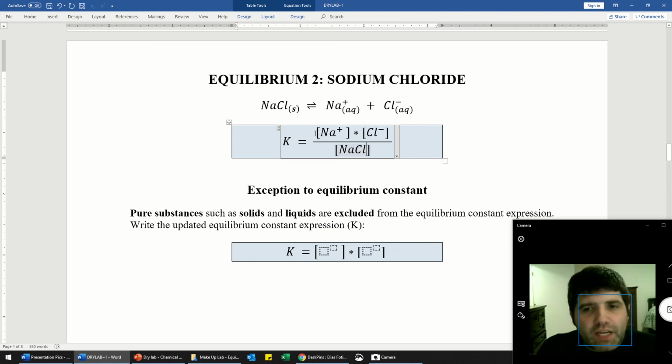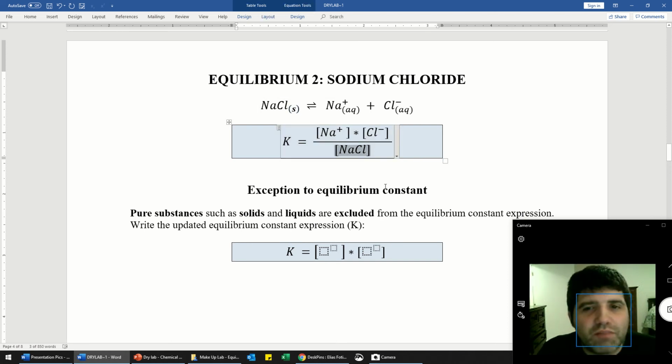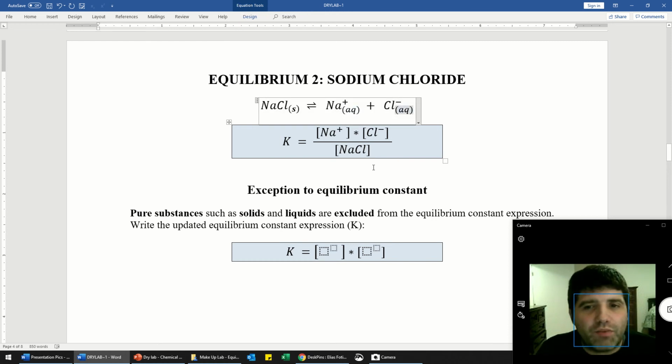When we are talking about brackets around a substance, we're talking about its concentration. And in order to have a concentration, you have to be dissolved in something. Now, a solid is not dissolved in something. If it were, we would have aq right here, but we don't. So that means that a solid doesn't have a concentration just because it's not dissolved in water. These two do because they are dissolved in water.